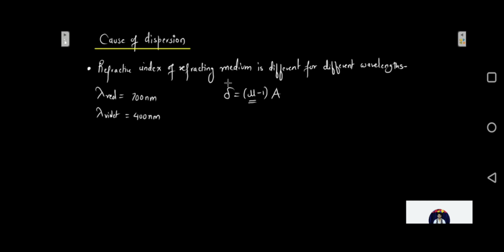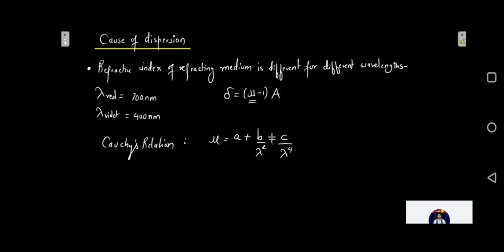Now, the relation between the refractive index mu of the material and the wavelength lambda of the light is given by a relation called Cauchy's relation, which is given as mu is equal to A plus B upon lambda square plus C upon lambda raised to 4.